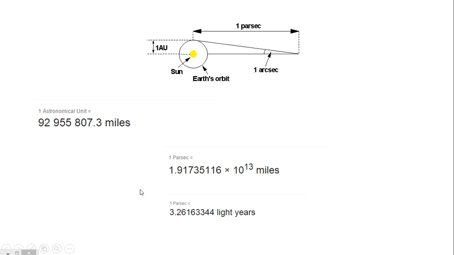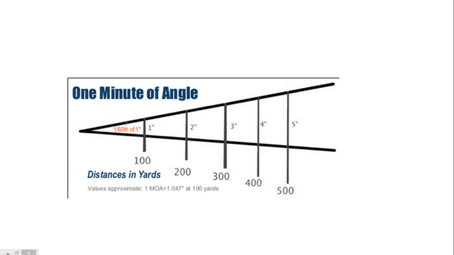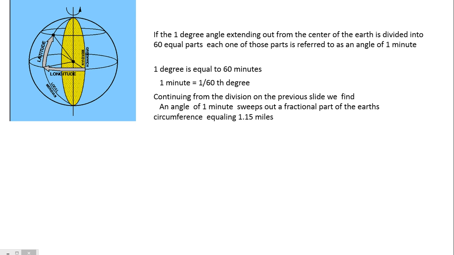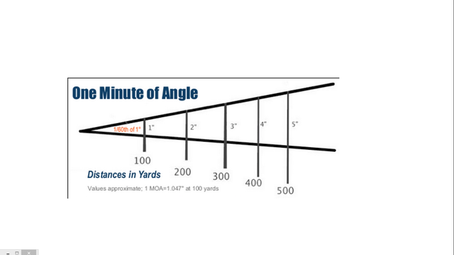So that gives you some idea that although the angle of a second of arc is very small, it's going to be used for very distant measurements, astronomical distances. Just as an angle of 1 minute of arc is going to be used on larger distances too, such as along the surface of the Earth, such as measuring nautical miles.